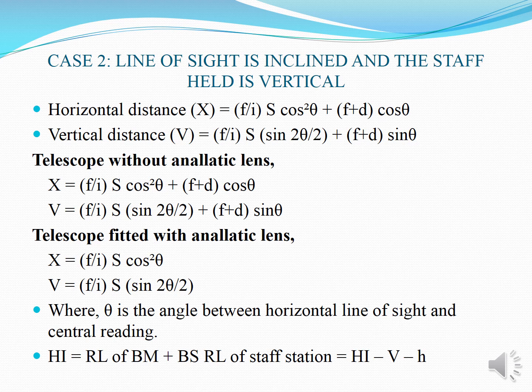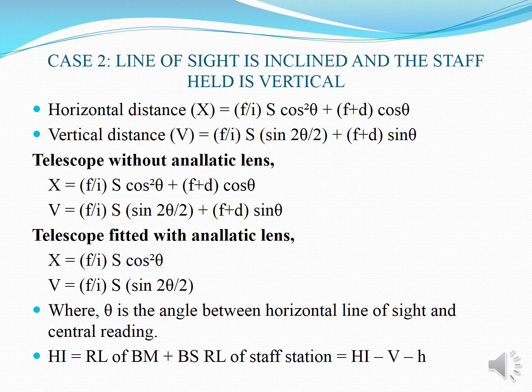So horizontal distance X becomes f upon I into s cos square theta, and vertical distance becomes f upon I into s into sine 2 theta upon 2, where theta is the angle between horizontal line of sight and central reading.